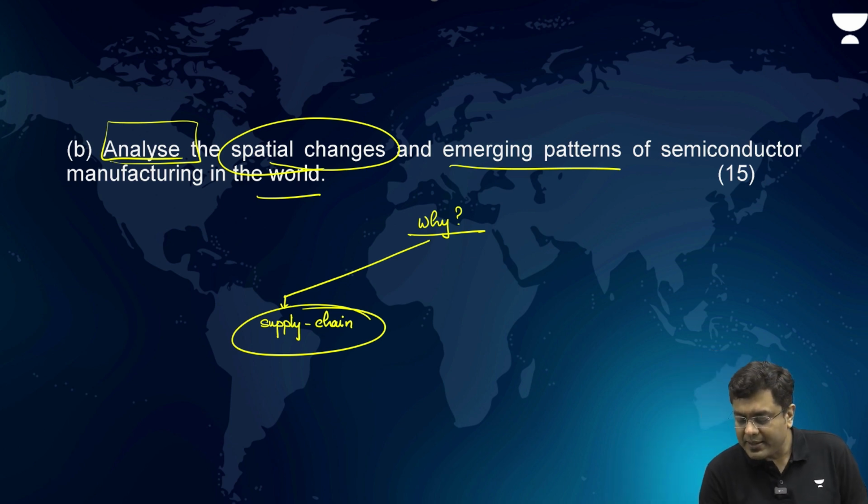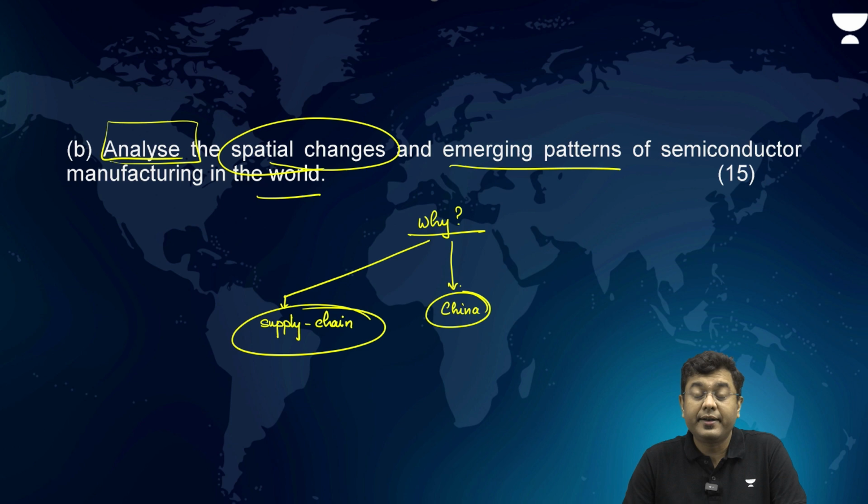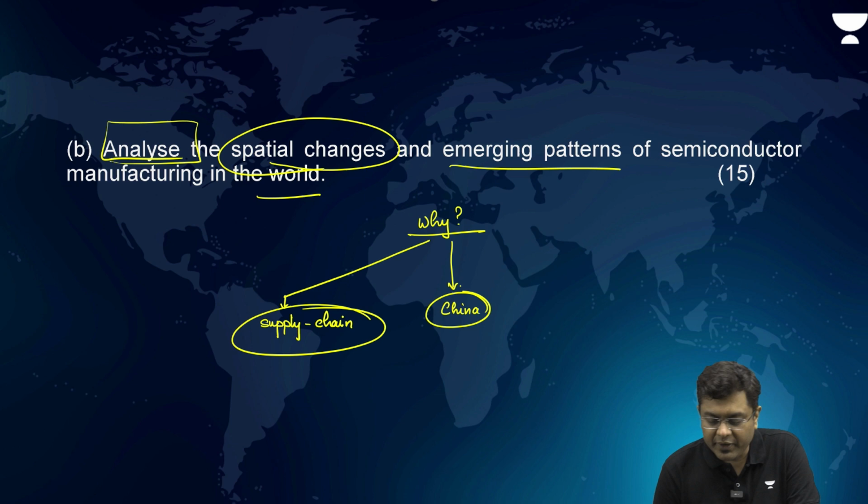Then other than that, the dominance of China in the semiconductor industry provides it with a kind of hegemonic control and hegemonic power when it comes to multiple different devices and also various technological advancements.